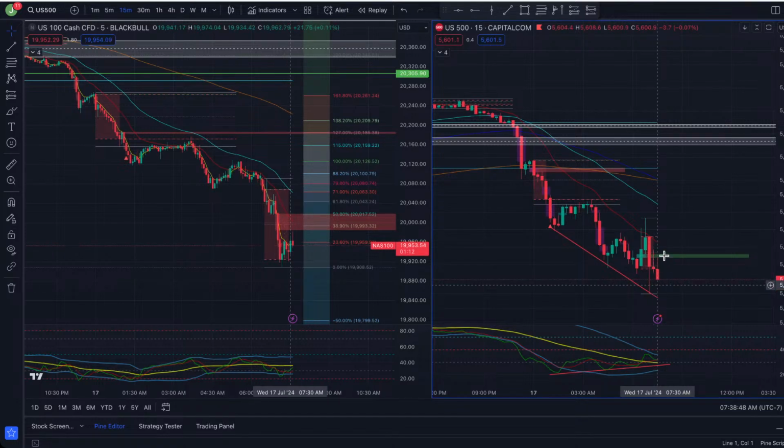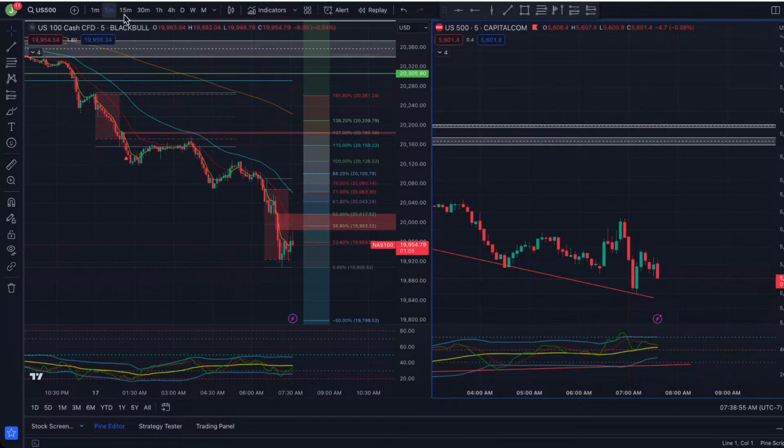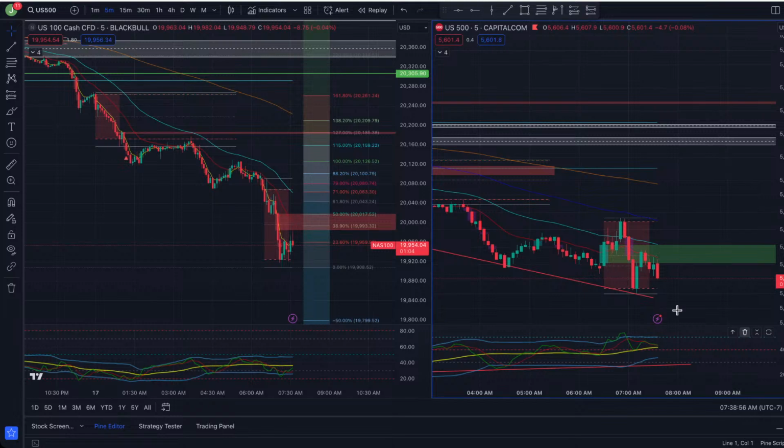US 500 bouncing off of the fair value gap on the 15. Let's take a look at it on the 5. So since US 500 never really dropped as much as NAS did, it's already been sitting in its fair value gap. This might be the better sell, but this is the weaker of the two.